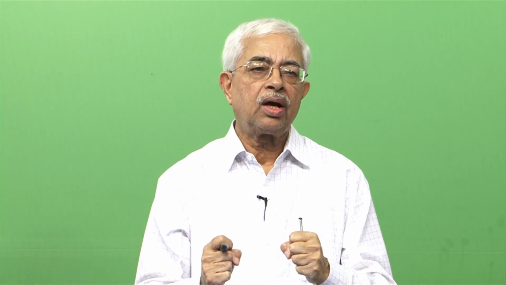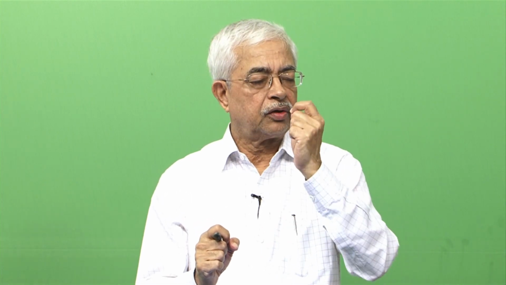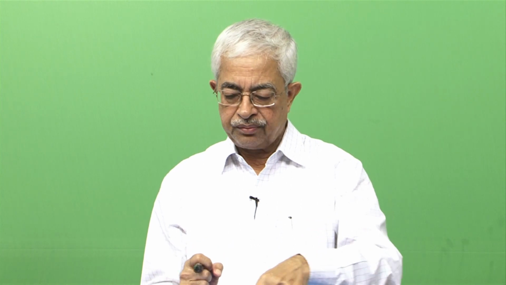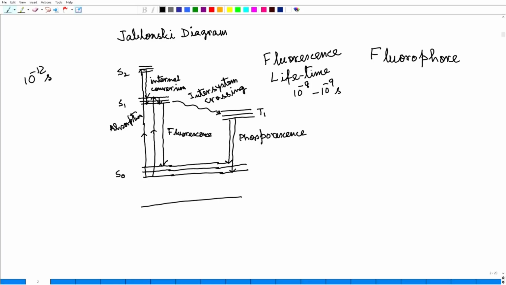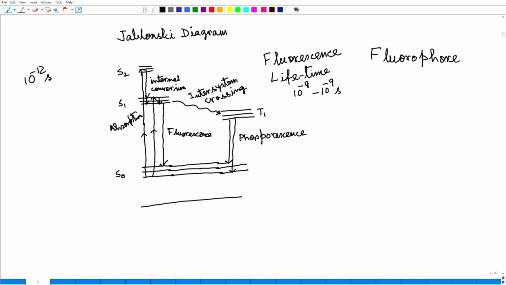Nuclei are slow moving, like a heavy man who cannot move fast, but electrons are very tiny particles and move fast. I have told you the time scales already. Therefore, we assume that the nuclei are stationary, and that is why I put vertical lines. That is called the Franck-Condon principle.